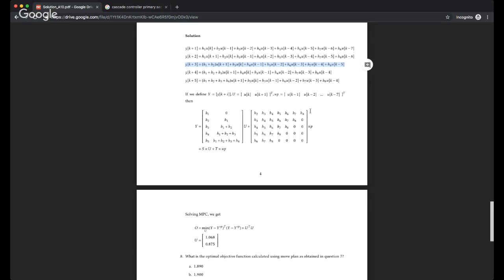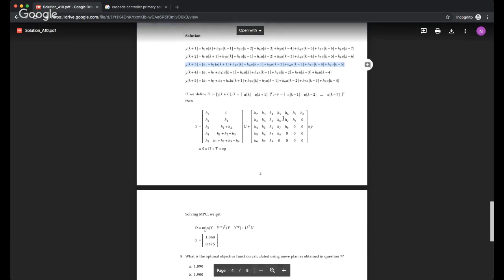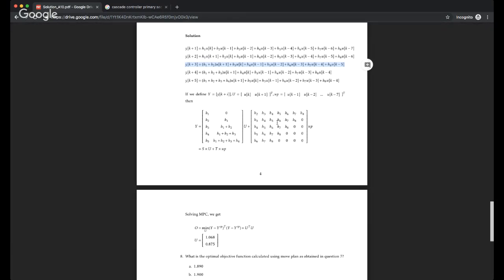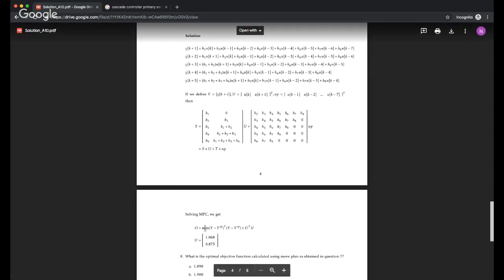I have written it like this because it is easy for you to understand how it varies with respect to change in control horizon. Then you have to solve this optimization.